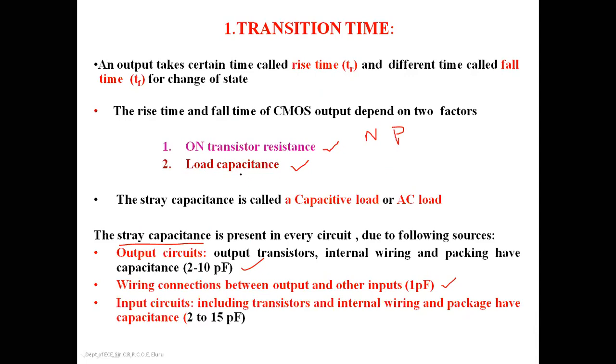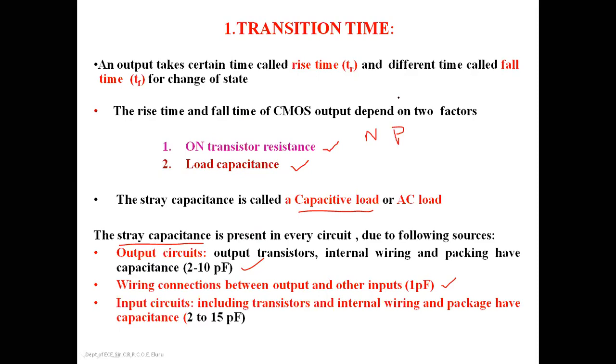It is because of the connecting wires, the output transistors, and the input transistors of the next stage. These are all the sources. They model the stray capacitance, and this stray capacitance is called the capacitive load here. So these two factors affect the rise time and fall time of the transition time.